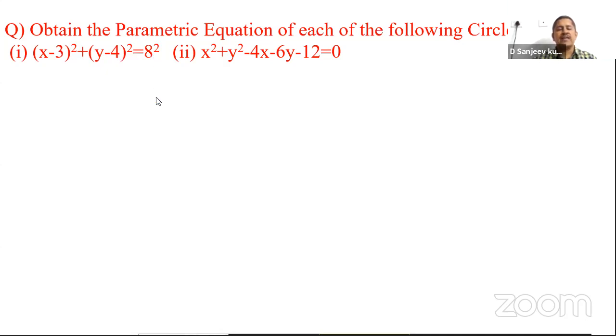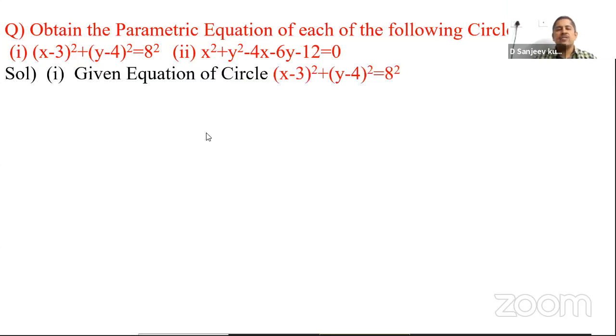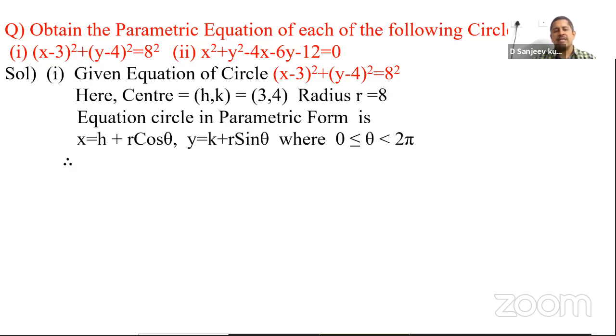We know that the equation x minus h whole square plus y minus k whole square is equal to r square is the equation of a circle. So the value of h is 3 and the value of k is 4. So the center is 3, 4 and the radius is 8.